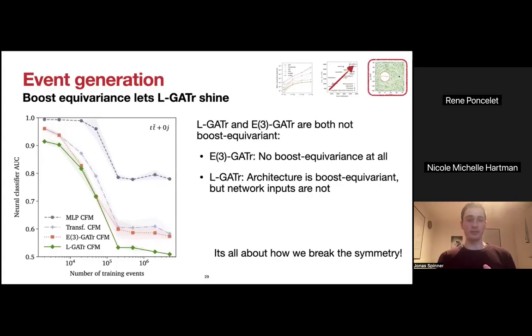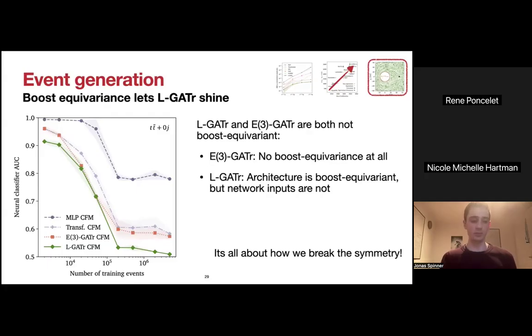And now finally, we can ask the question: why does the L-GATr model do so much better than the transformer model? To study that, we trained another GATr model, the E3 GATr. E3, if you remember, is the symmetry group of rotations and translations in 3 dimensions.